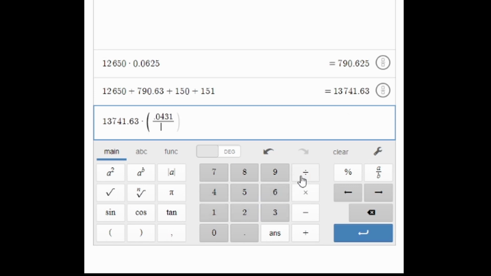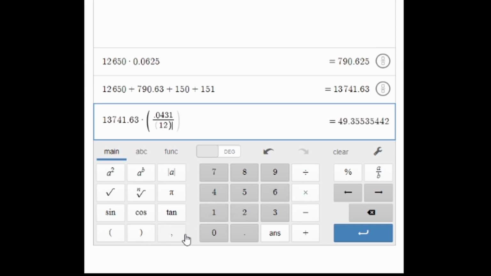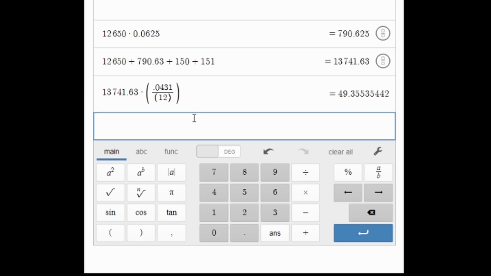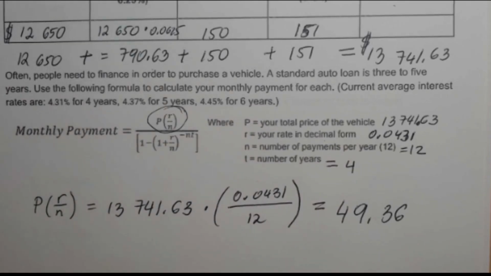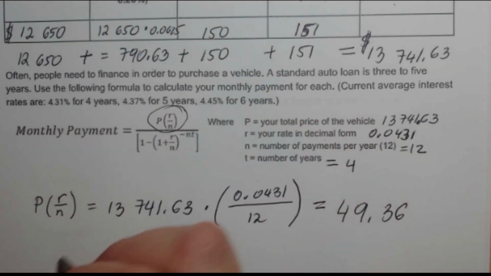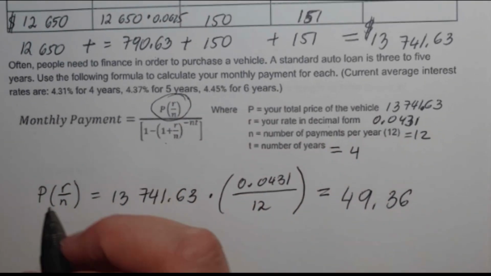I'm going to divide it by 12 months. And then I'm going to close my parentheses. And that equals to $49.36.